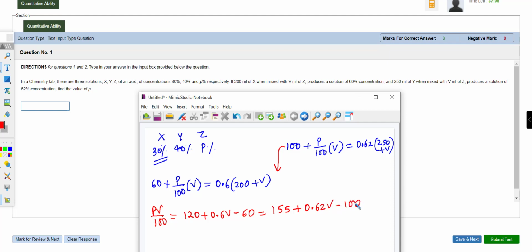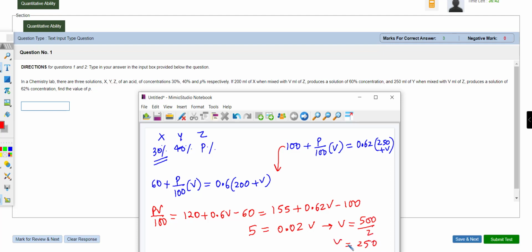Now let's solve this equation. This is equal to 0.02V, which equals 60 minus 55, which is 5. So the value of V is 500 divided by 2. The value of V is 250.